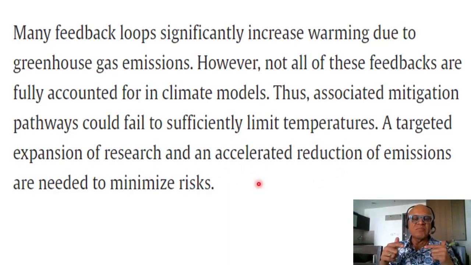So in the models, many feedbacks are automatically included or represented. You don't have to specifically add anything, like the temperature water vapor feedback, which is a fundamental principle, then the cloud feedback, rain feedback, dynamics and circulation feedback. All these things are in the system, but there are additional feedbacks.